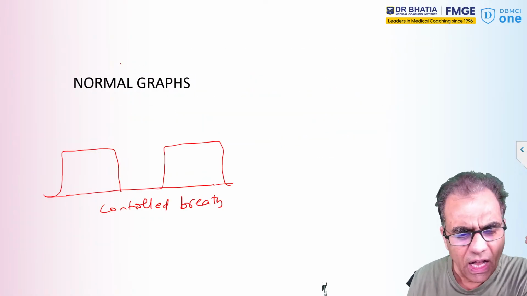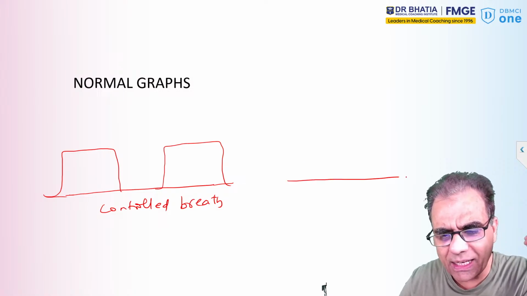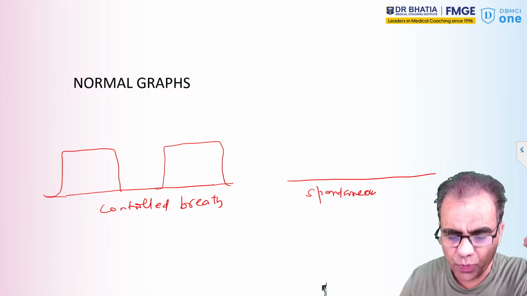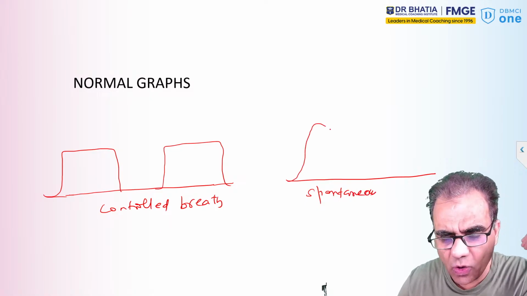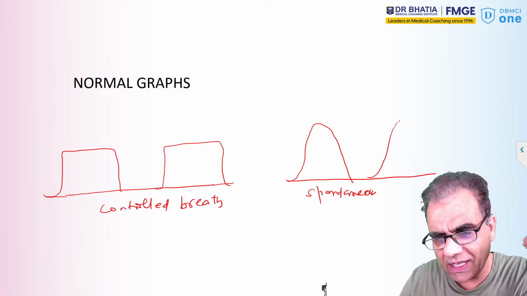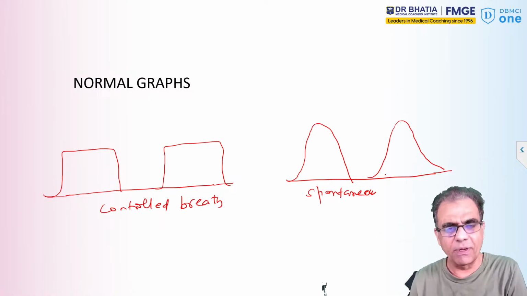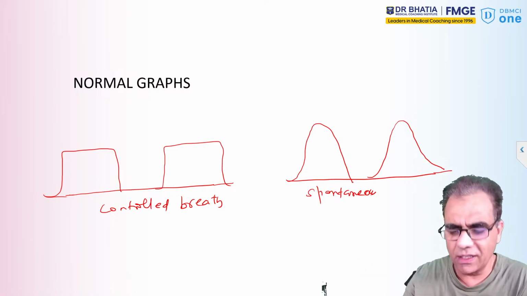Fine. If the patient is spontaneously breathing, spontaneous ventilation, then you get this kind of graph, which is sort of hill-shaped. This is spontaneous. So these are the normal graphs.